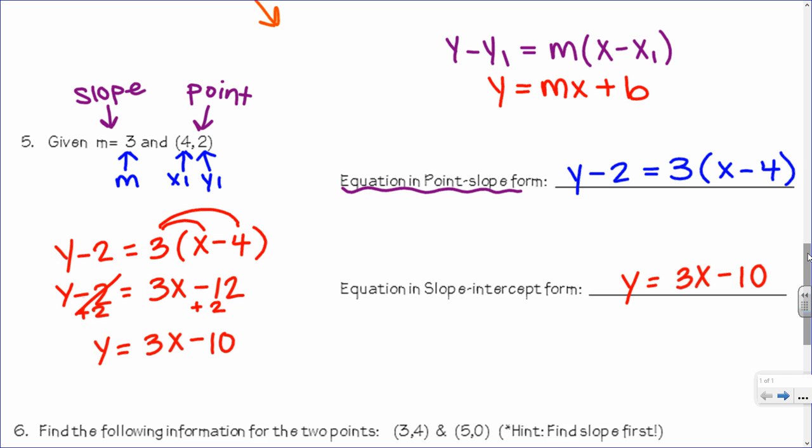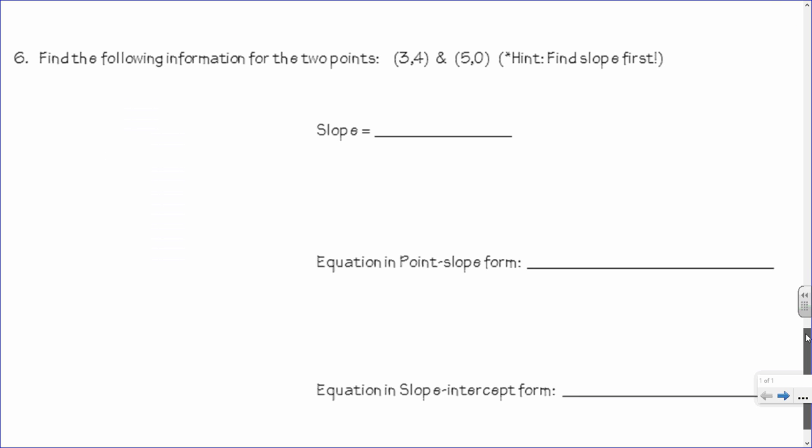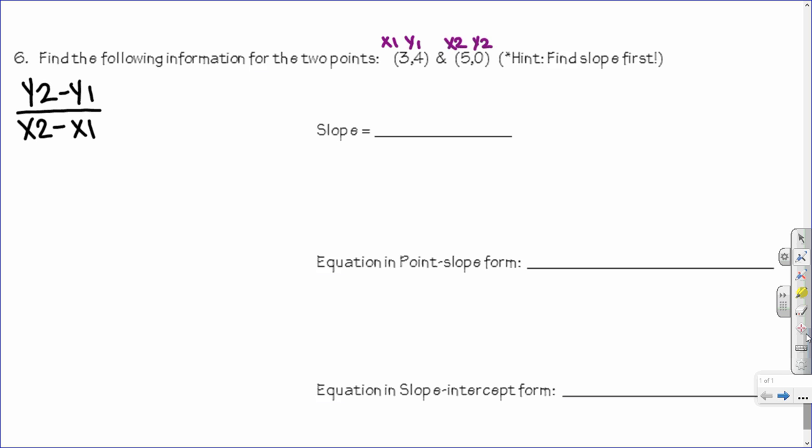Okay, number 6 takes it one step further. We are given 2 points, and the first thing that we need to do is find the slope of the line. So both of these points are on our line. So let's call this x1 and y1, and let's call this x2 and y2. So first recall the slope formula, y2 minus y1 divided by x2 minus x1.